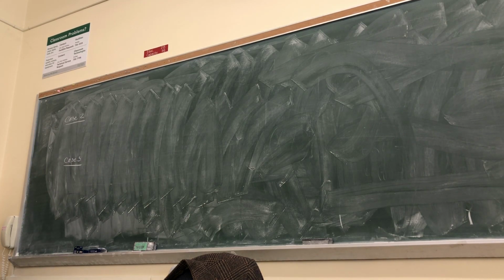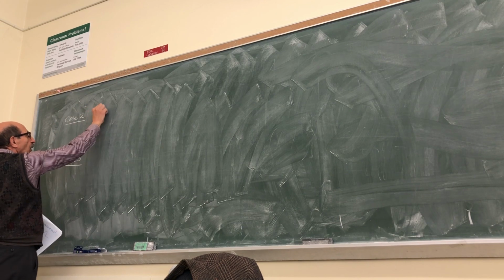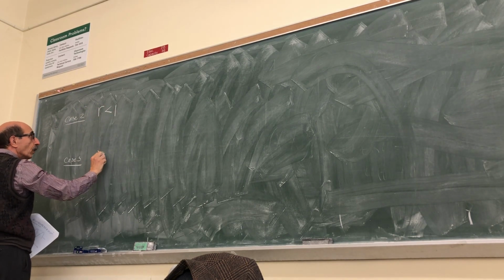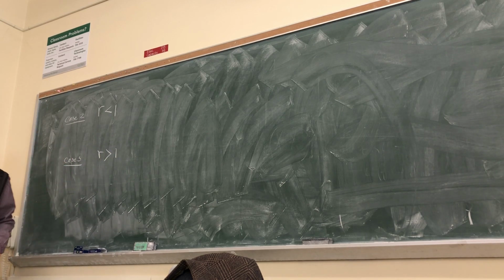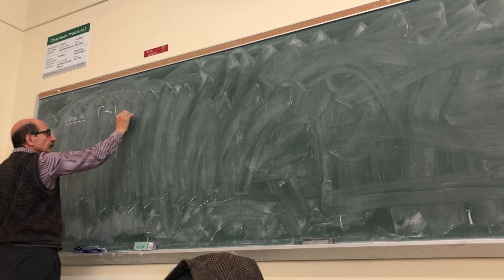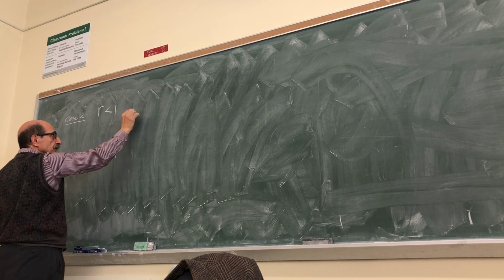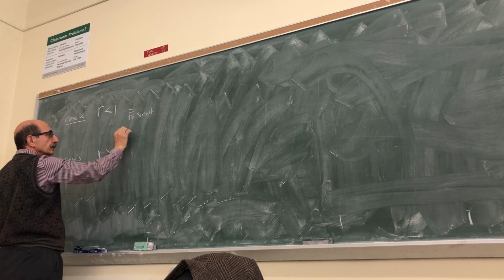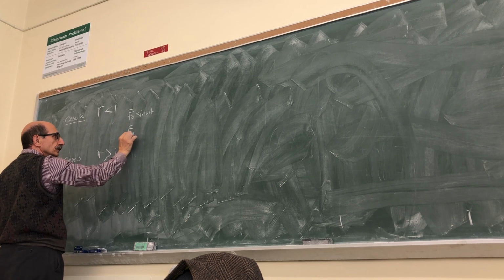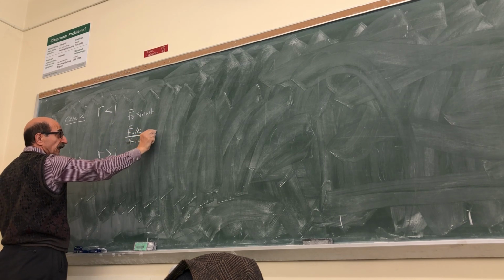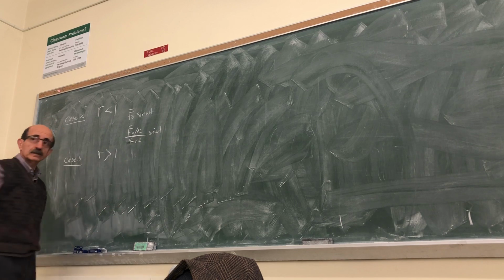But anyway, case 2 is when you have R less than 1, and case 3 is when R is greater than 1. Okay? So what happens? The forcing function is of this form, right? The response is this, right? The steady state response you're talking about.